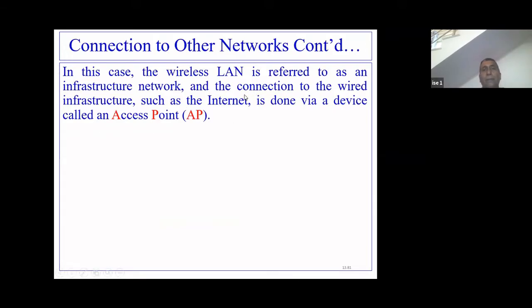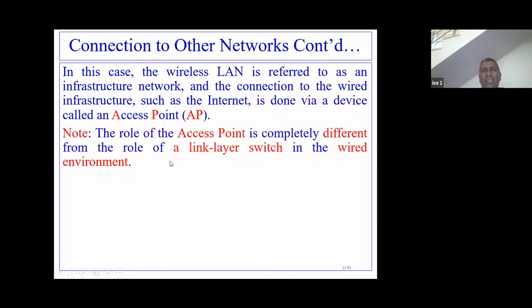In this case, the wireless LAN was referred to as an infrastructure network. And the connection to wired infrastructure, such as the internet, was done through a device called an access point. You will see this in the next slide through the diagram.